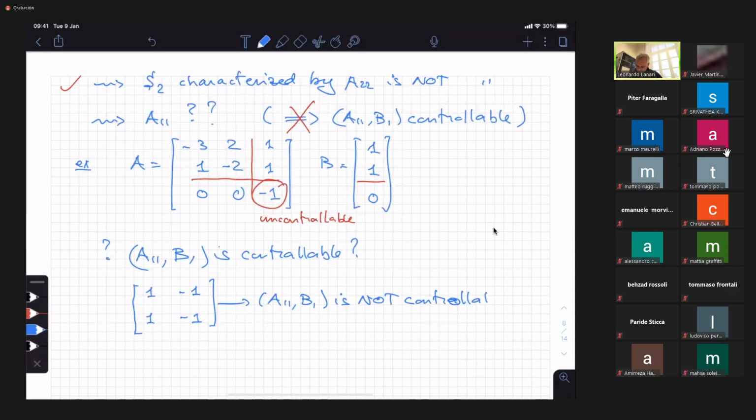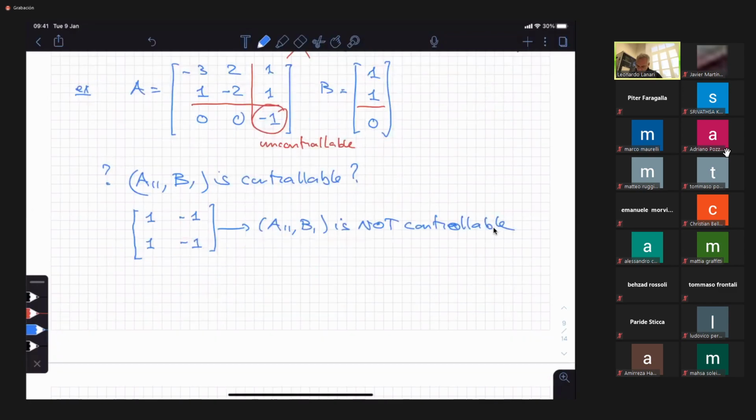Or if you prefer, if we go back to the original matrices A, B, let's imagine that we do not recognize any special structure. It's okay, let's compute the controllability matrix.